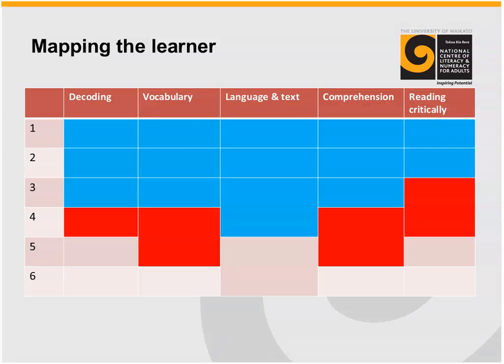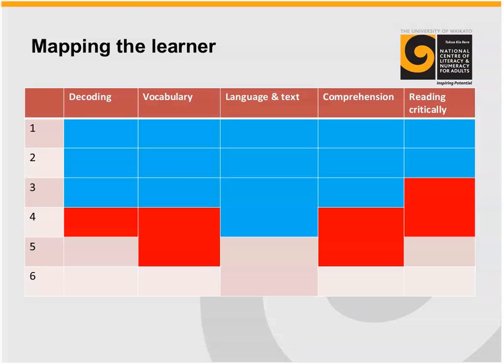So what does this tell us? This shows us very clearly that there is a gap in the decoding by one step, in the vocabulary, in the comprehension, and in the reading critically. It's only in the language and text that the learner is the same as what is required for the demands.